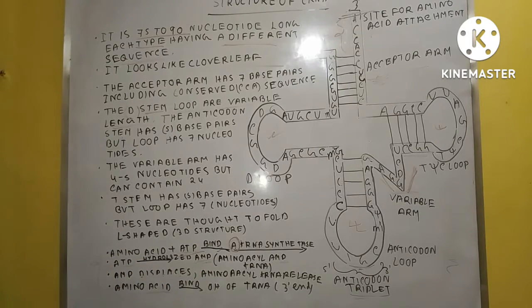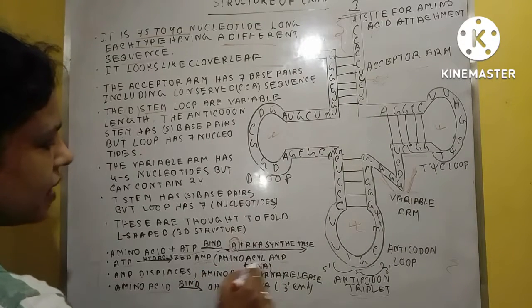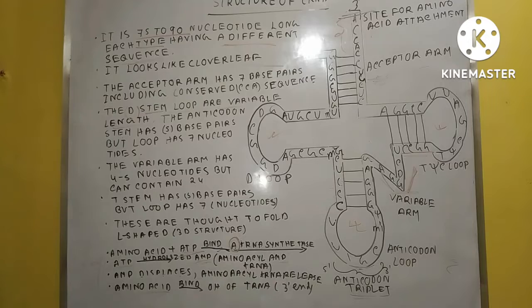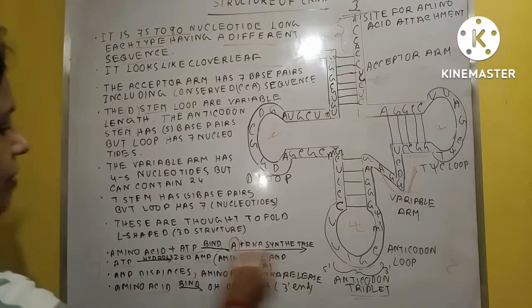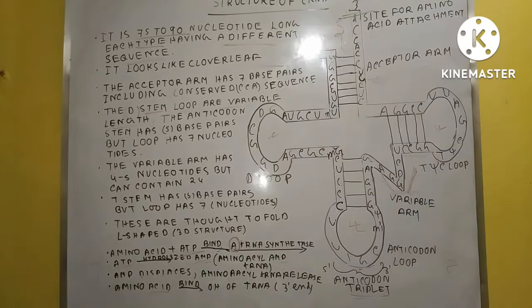And here this AMP binds to the tRNA, and the product you can see is aminoacyl AMP tRNA. After that the amino acid is transferred, the aminoacyl tRNA is released from AMP, and AMP also displaces from this product. In this way, the amino acid binds to the tRNA.